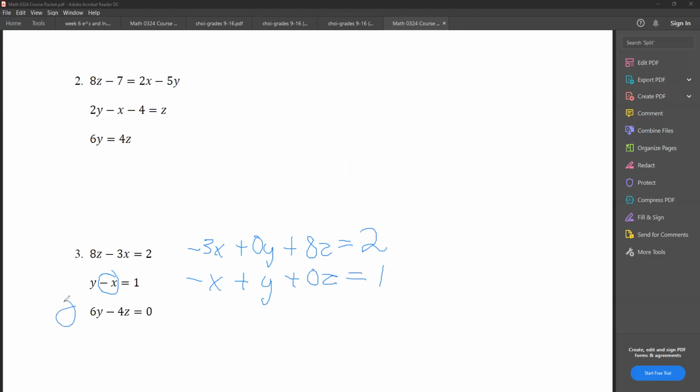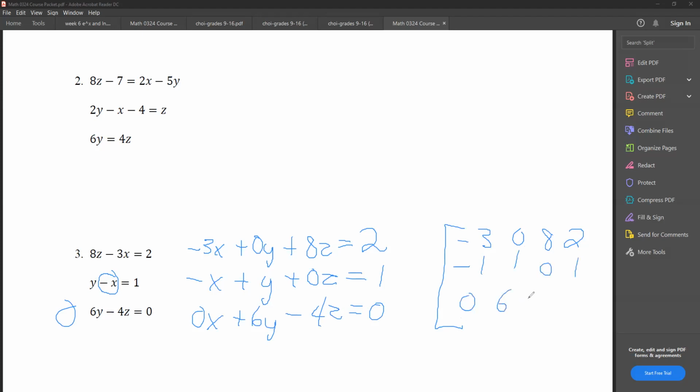Last one, there's no x, so it's 0x plus 6y minus 4z equals 0. All set up, so we write the matrix. -3, 0, 8, 2, -1, 1, 0, 1, 0, 6, -4, 0. Okay, and there's our augmented matrix.